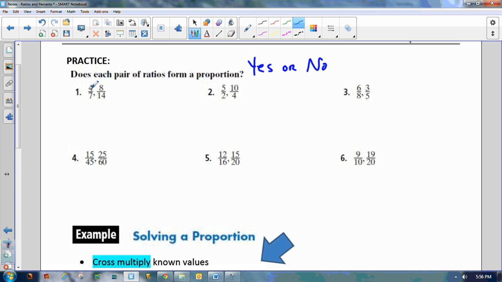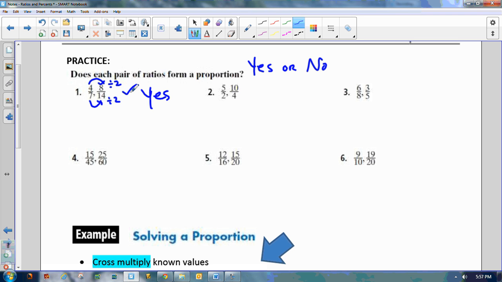So when I start here and I look at 4 and I'm going to 8, I know 4 to 8, I have to divide by 2. Well, if I take 7 and divide it by 2, does that give me 14? And if that checks out, then I'm going to answer yes, that those ratios form a proportion.